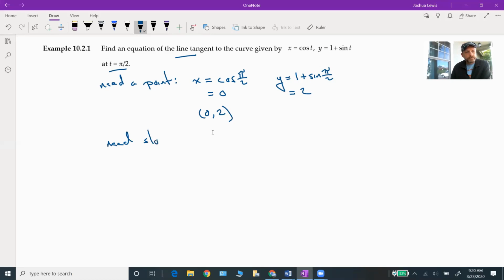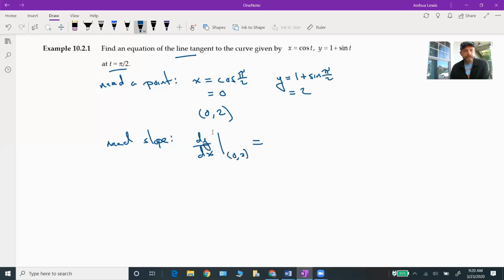The next thing we need is the slope. We need dy/dx evaluated at the point (0, 2).